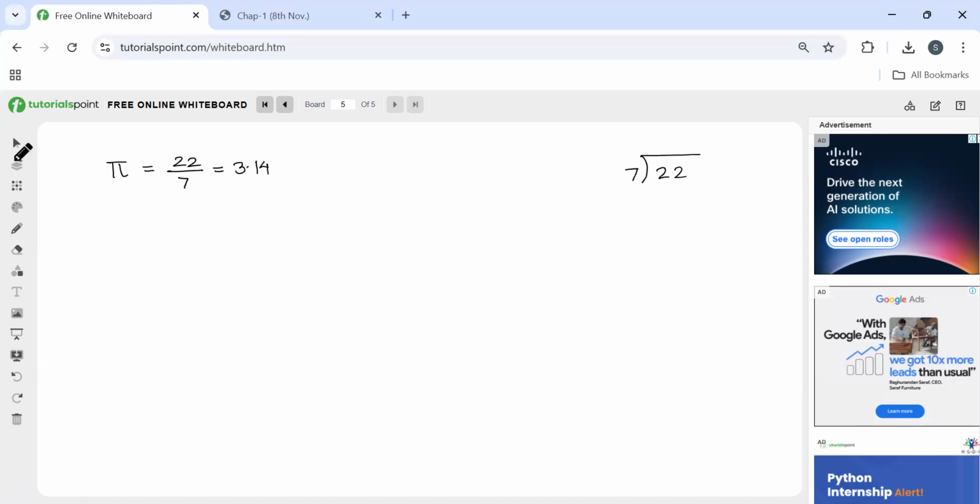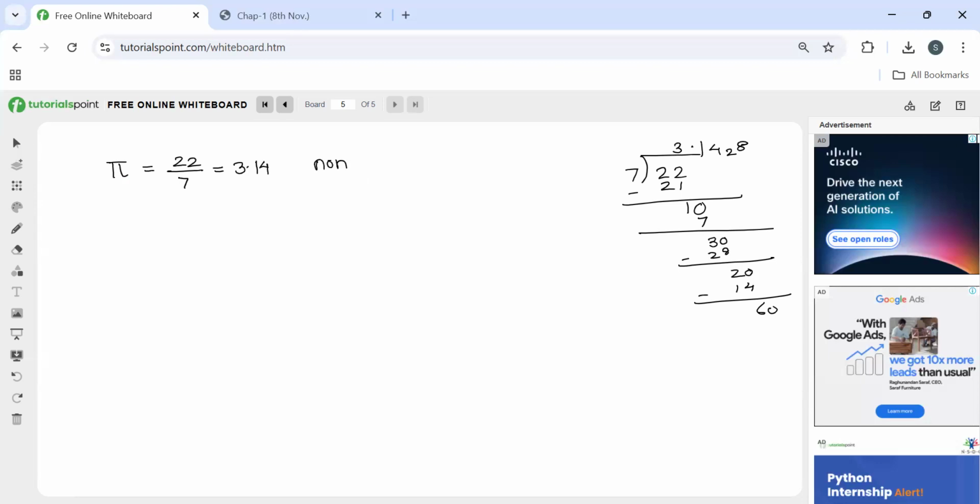So if you divide 22 by 7, you get 3.142857 and so on, and it goes on till infinity, which means it is non-terminating and non-recurring.